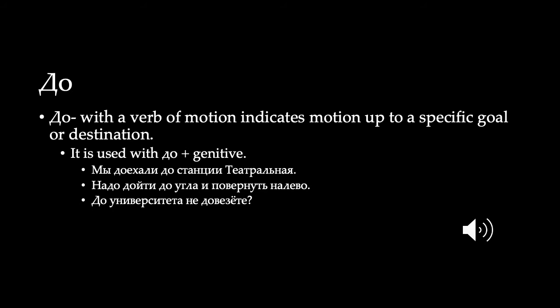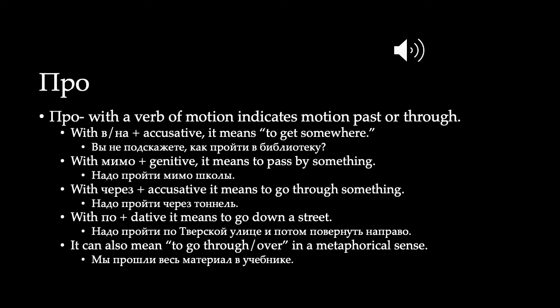And you could say this to a taxi driver, for example, if you need to take a taxi to campus. And note the usage of the negated verb, this is a polite construction in Russian where you say, won't you do something? And it's a polite request to ask, will you do something for me? So, до университета не довезете means, can you take me to campus?